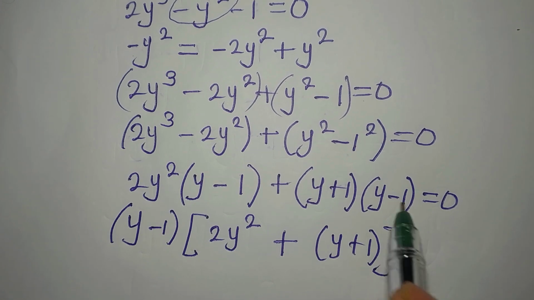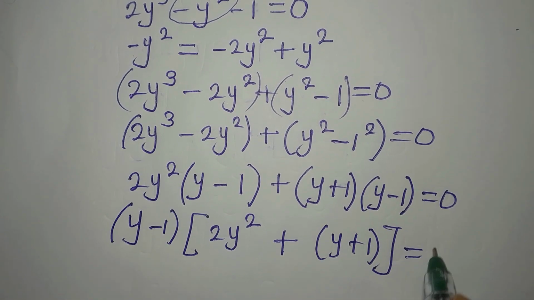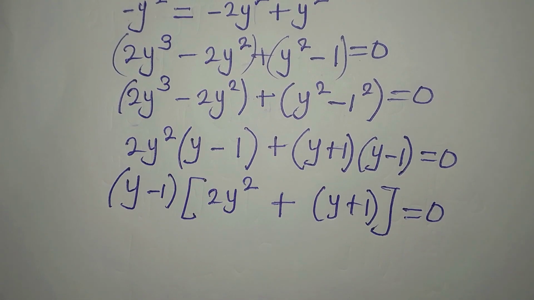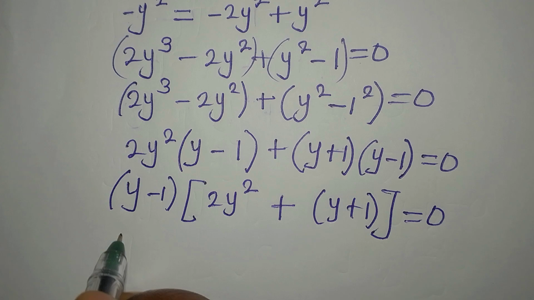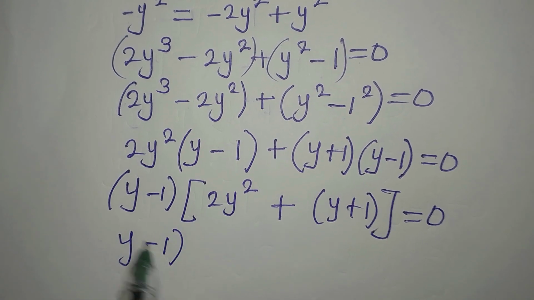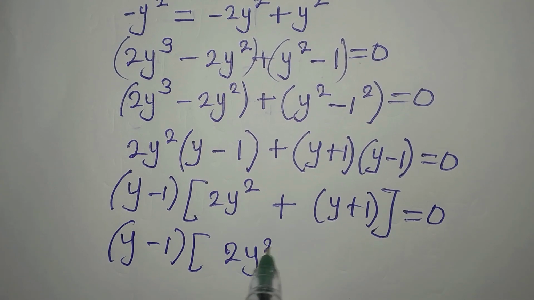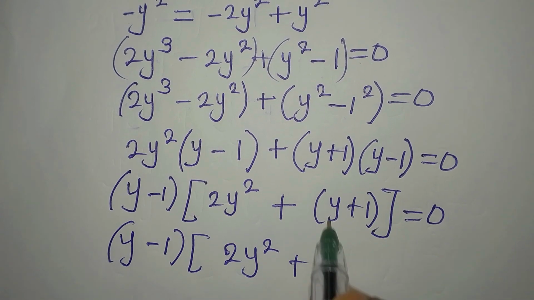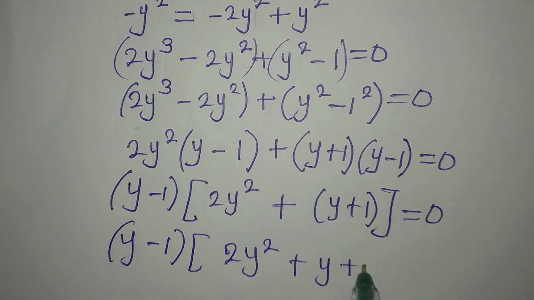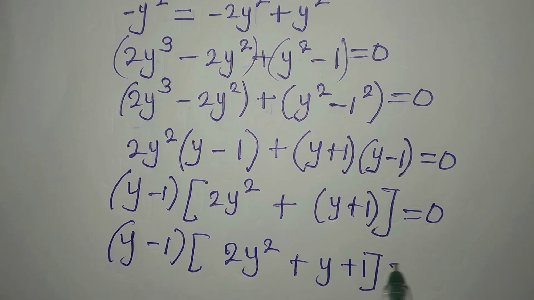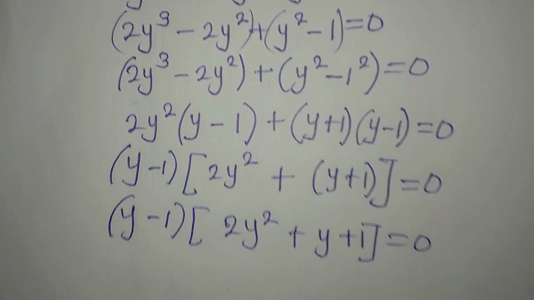This is because this is already out. So we equate everything to 0. Now let's open this. So we have y minus 1, then we have 2y squared plus y plus 1, and then everything equals 0.